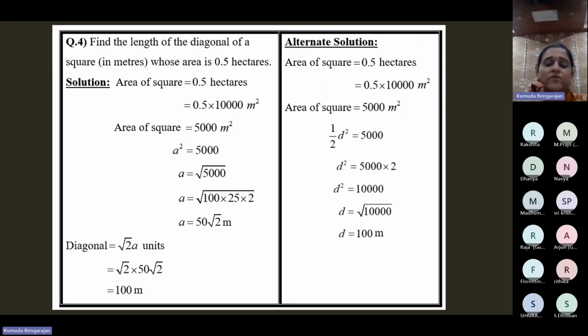That's the formula to find the area of a square using the diagonal. If the length of the diagonal is given to you, the area of the square can be found using half d square, where d is the diagonal.